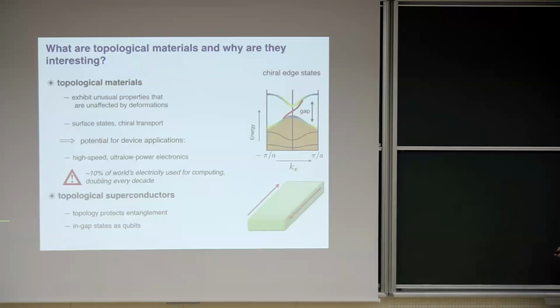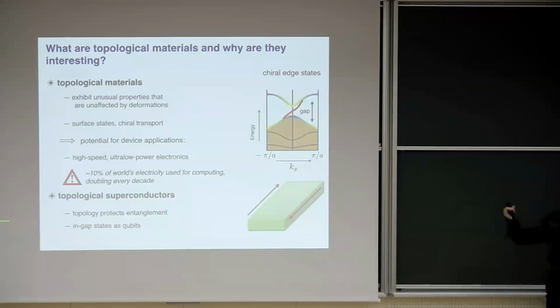For example, there are ideas to use this for high-speed or ultra-low power electronics. This could become relevant in the future because right now more and more energy is used for computing, for running these servers and these clouds. It's around 10% of the world's electricity, and this is doubling every decade.